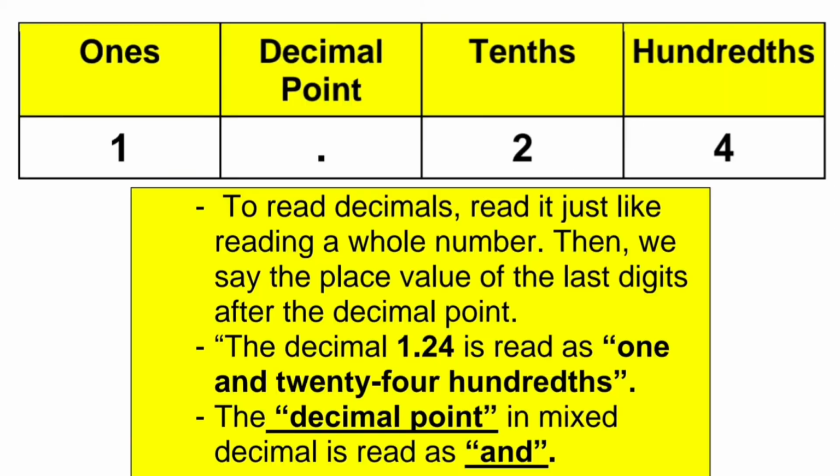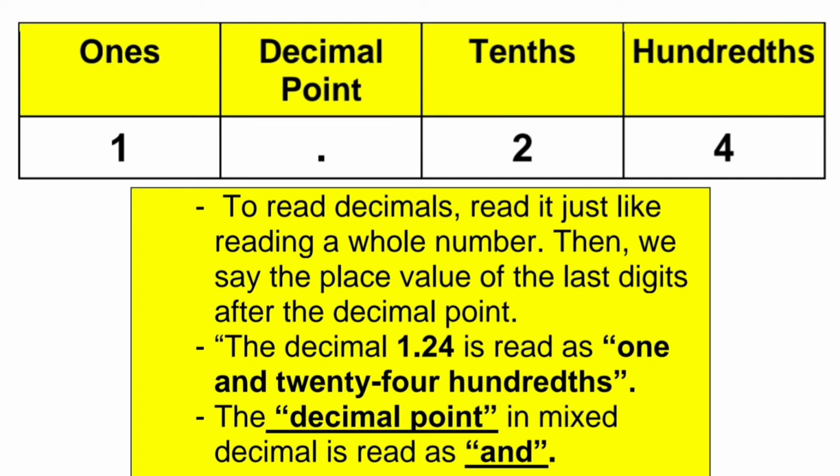You are correct. So let's take 1.24 as an example. To read decimals, read it just like reading a whole number. Then we say the place value of the last digit after the decimal point. For example, the decimal 1.24 is read as 1 and 24 hundredths. It is wrong if we read it as 1 and 24 only. We should add the place value. What should we add, class?